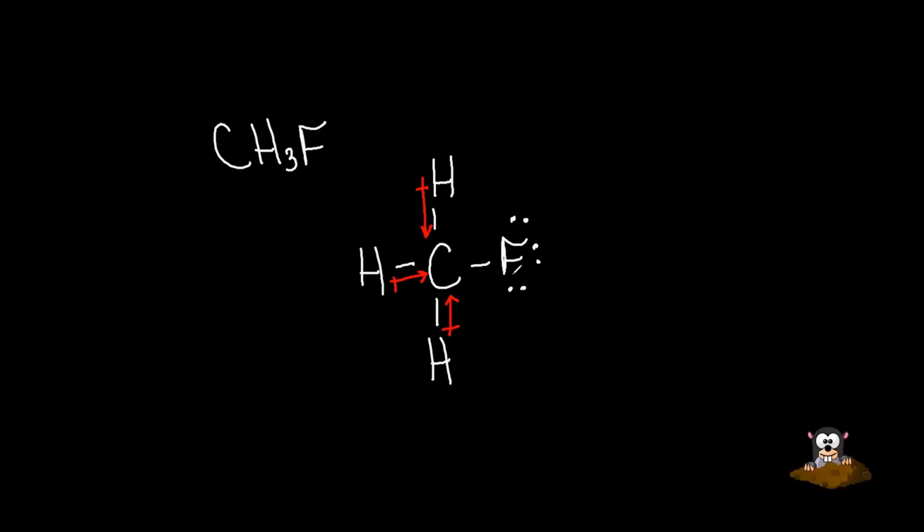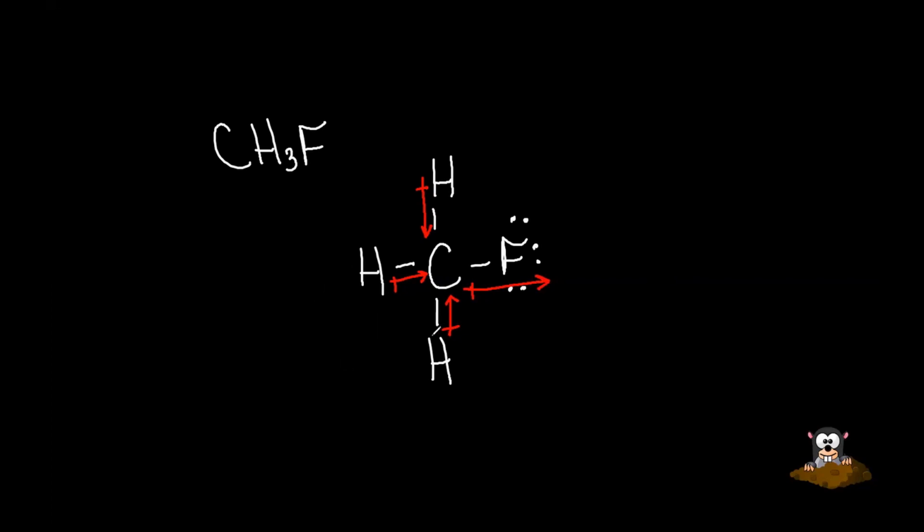However, you want to draw your dipole in a way that it represents that this bond right here is much more electronegative than this bond right here. So there we go.